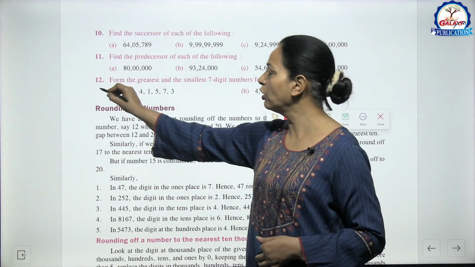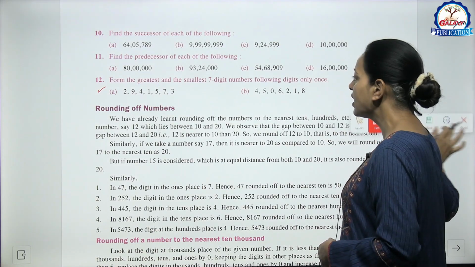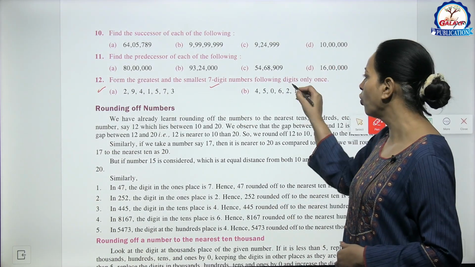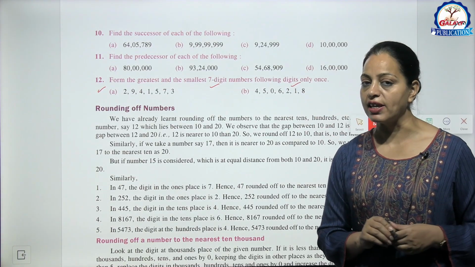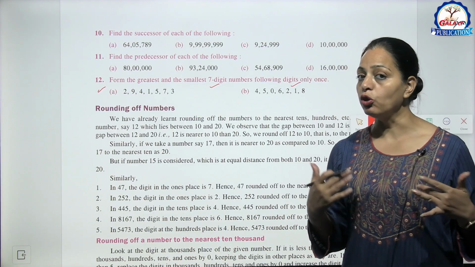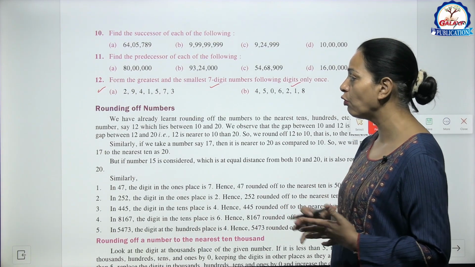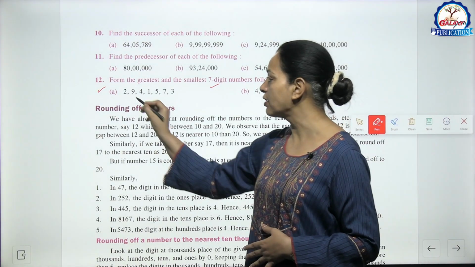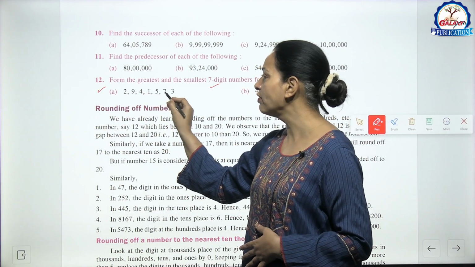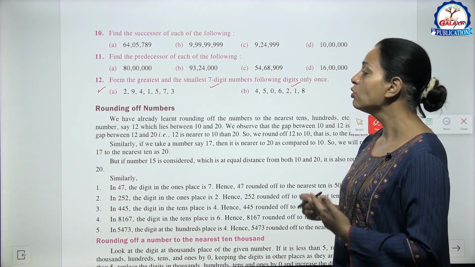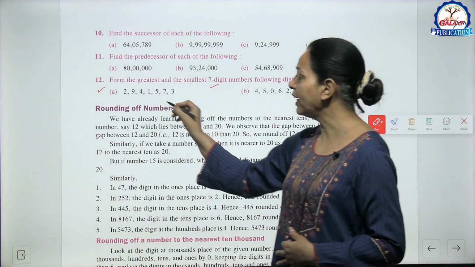Now come to 12th question. Form the greatest and the smallest 7-digit numbers using the following digits only once. We have some digits, 7 digits, we have to use them, and we have to form the greatest and smallest number. A part: 1, 2, 3, 4, 5, 7, 9, 7 digits, and use each only once. So how can we form the greatest number?